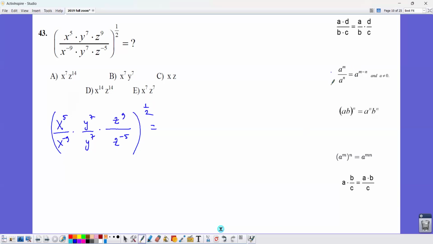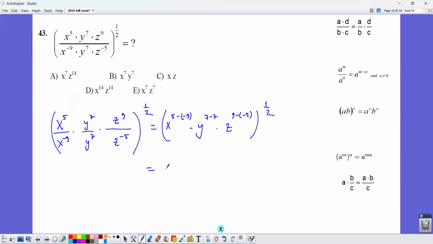Now, from this property, because they have the same bases, I will subtract the powers. So it will be x to the power of 5 minus, from the property, and minus from the power here. So it will become x to the power of 5 minus minus 9 times y to the power of 7 minus 7 times z to the power of 9 minus minus 5, and all of them to the power of 1 over 2.